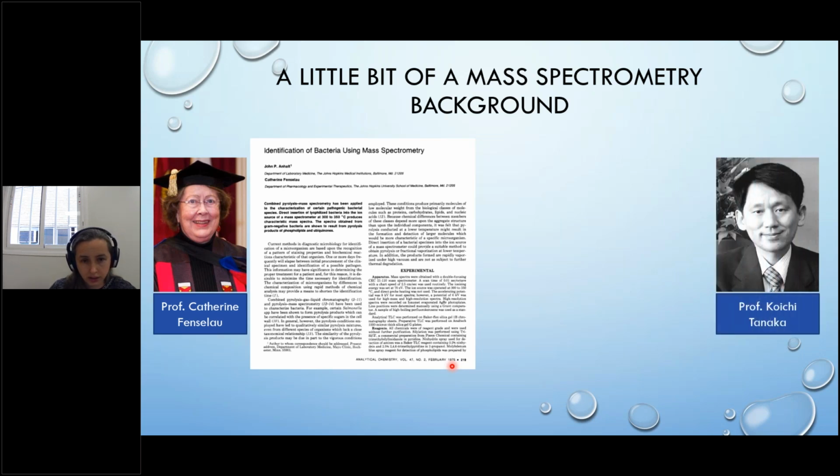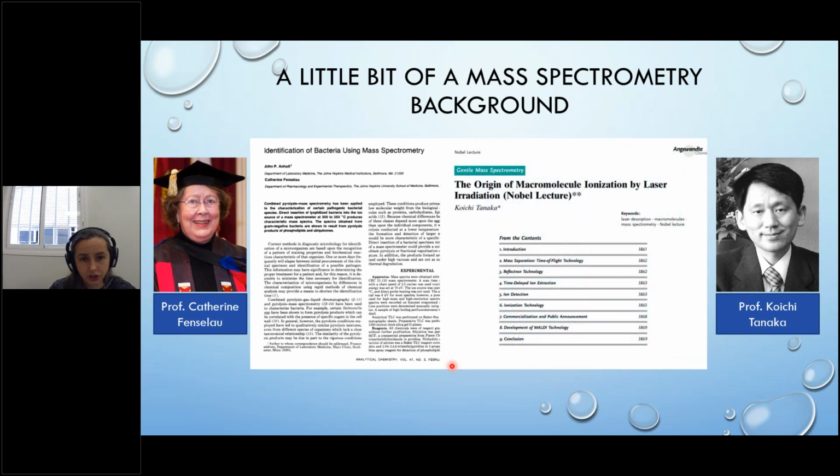It was 10 years later, with this other amazing character, who developed soft ionization, which allowed the idea of Professor Fenselau to be really carried out and applied in the laboratory. I strongly encourage people to read his lecture during the Nobel Prize ceremony in 2002 when he was awarded this prize.